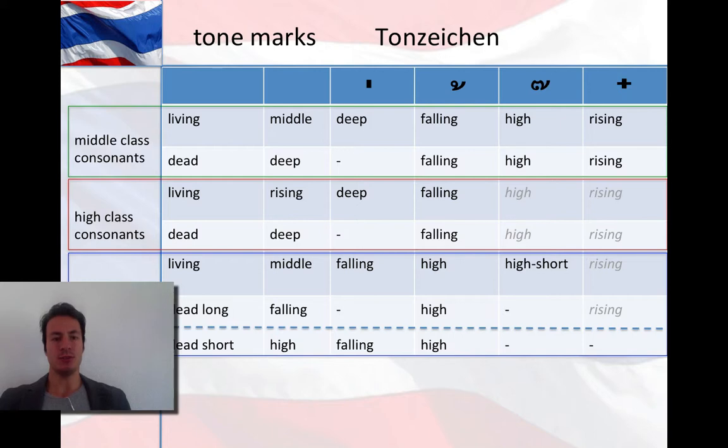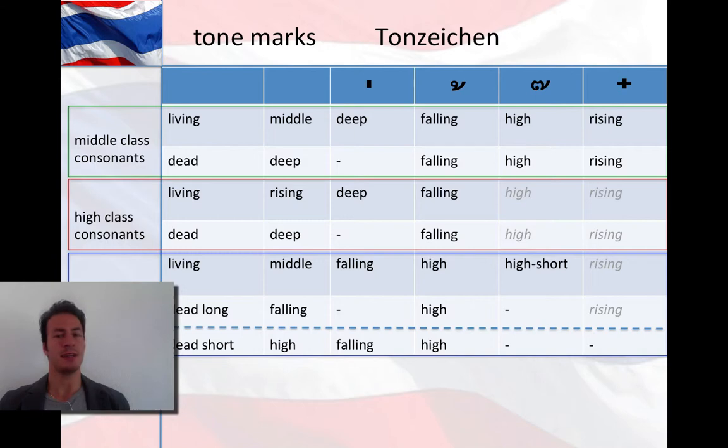This table shows an overview of the tone marks in their use and the resulting tones, according to each consonant class and kind of syllable. So, the distinction between living and dead again.